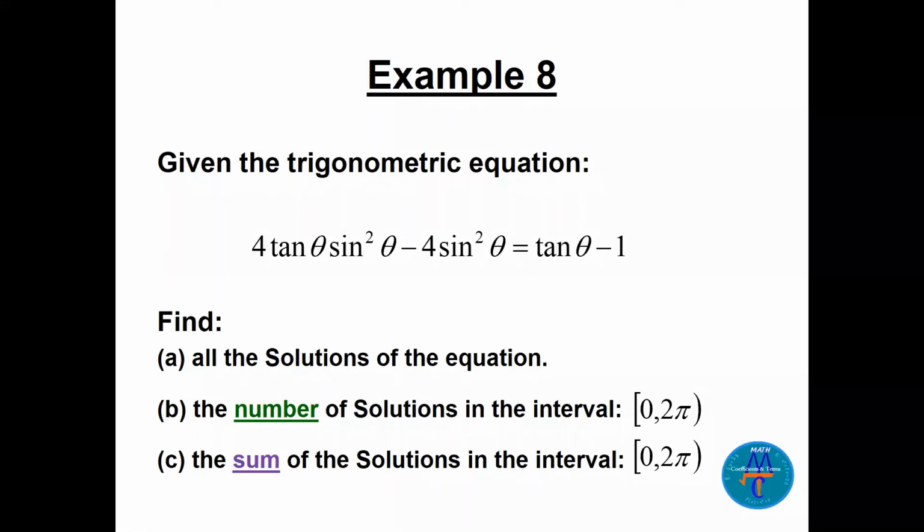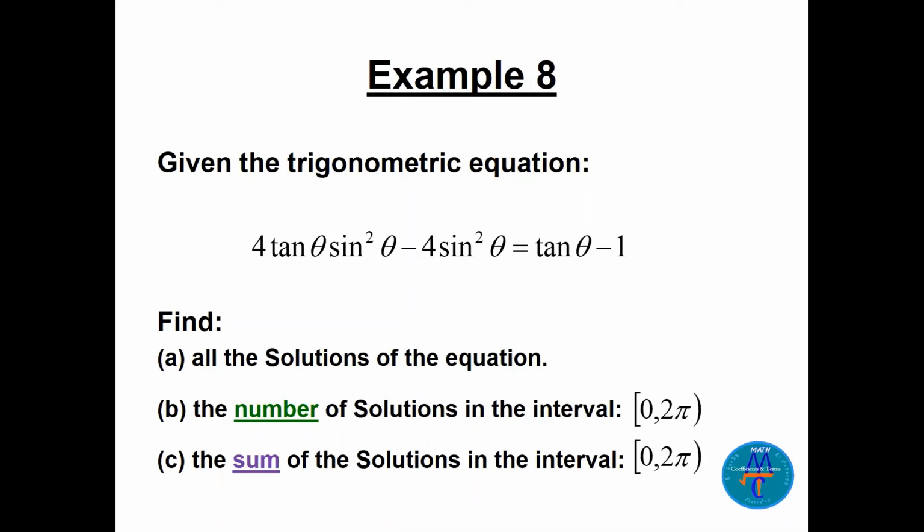Now let's look at example number 8, which is a more challenging equation. We have the equation here: 4 tan theta sine squared of theta minus 4 sine squared of theta is equal to tan theta minus 1. Let's find 3 things. Part A, find all the solutions of the equation. We need here the general solution because we have no condition.